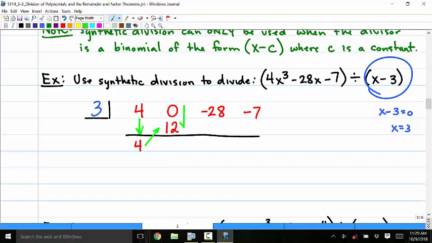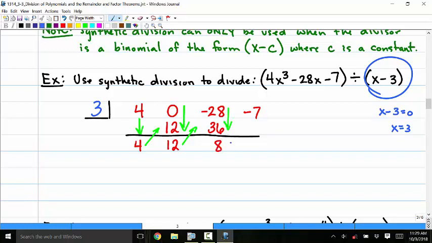Now add, what's 0 plus 12? 12. How do you go back upstairs? You multiply by the half box. So what's 12 times 3? 36. And then you just add, what's negative 28 plus 36? 8.